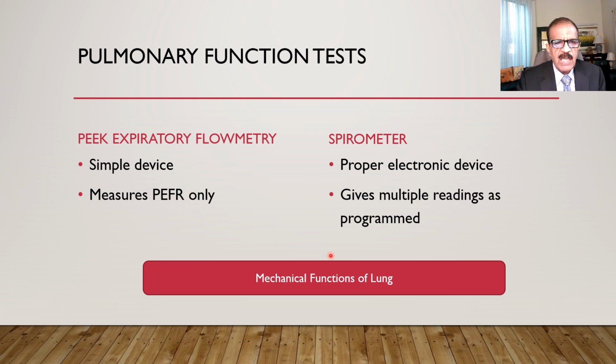Now, one thing I'd like you to note is that both peak expiratory flowmetry and spirometry simply measure mechanical functions of the lung. They measure how much air goes in, how much air comes out, what the obstruction is, what the restriction is. They do not in the true sense measure pulmonary function. That is measured with other tests, which I'm going to cover in other videos.